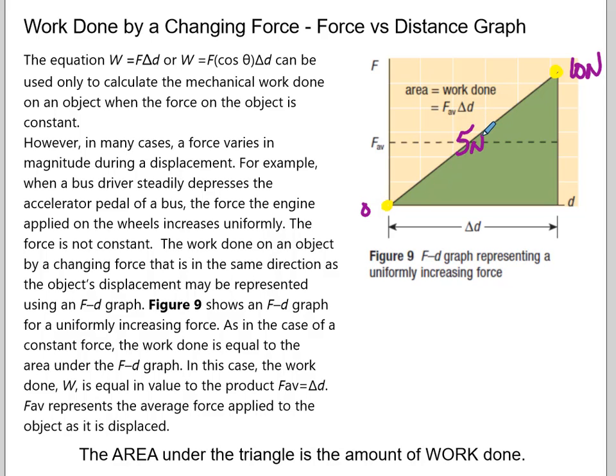You can think of this rectangle coming down and filling in here, so this piece right here could come down and fill this in. So basically we're finding the area of that green triangle. It's still the area under the curve, just a triangle versus a rectangle. So the area under the triangle is the amount of work done, and that's for when a force is changing within a problem.